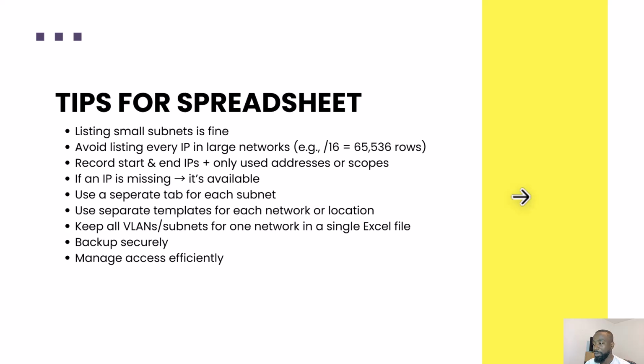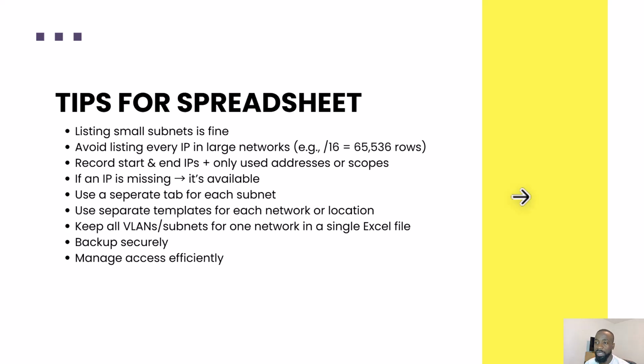Now, if you're on a network where you have things like, let's say, 192.168.10.0, 20.0, 30.0, you can use a separate tab on your Excel sheet or your Google Sheets, whichever spreadsheet you're using, to specify that this is for a different subnet, right? Or different VLAN, depending on how your network is.